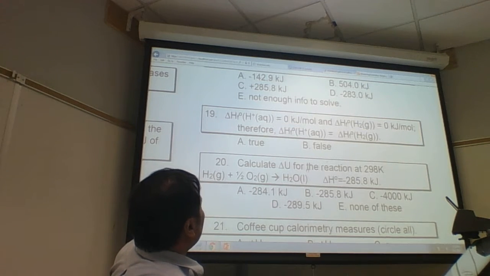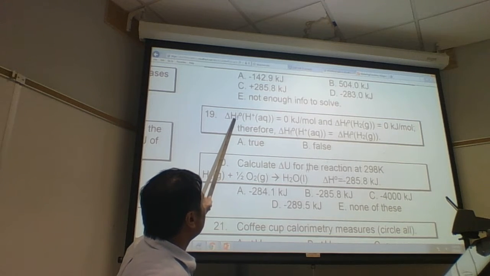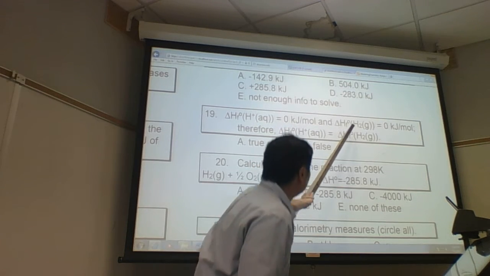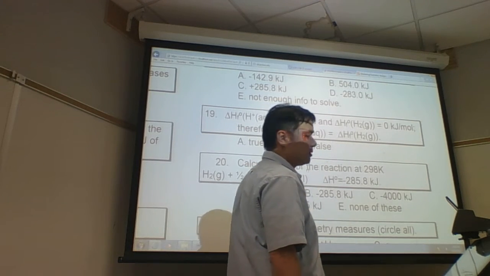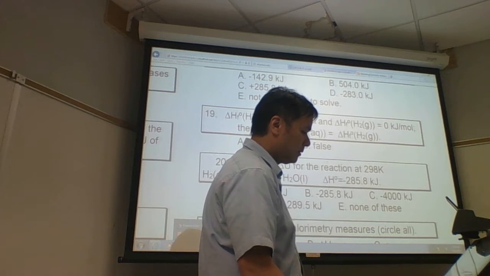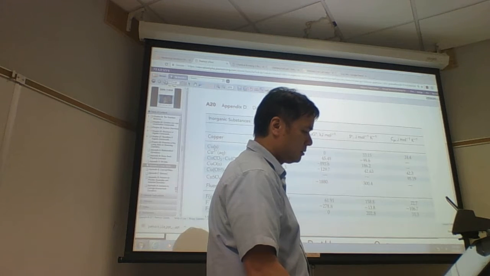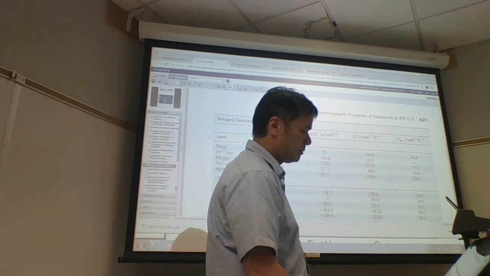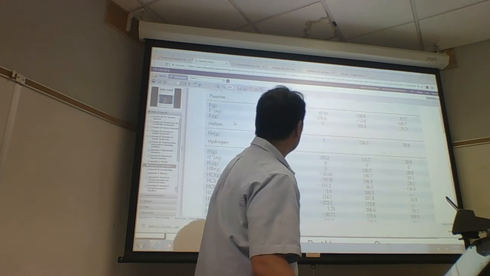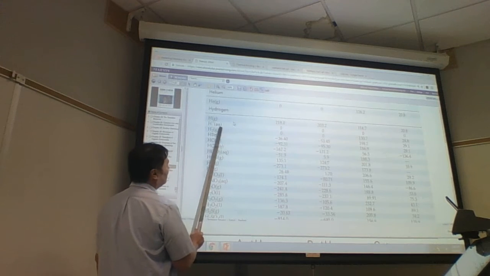The standard enthalpy of formation of H plus equals 0 kilojoules per mole, and the standard enthalpy of formation of H2 gas equals 0 kilojoules per mole. You've probably seen that in the table here. If we go to the table and look at H, we'll see the standard enthalpy of formation of H plus aqueous is 0.